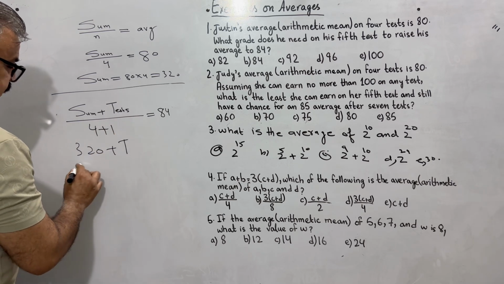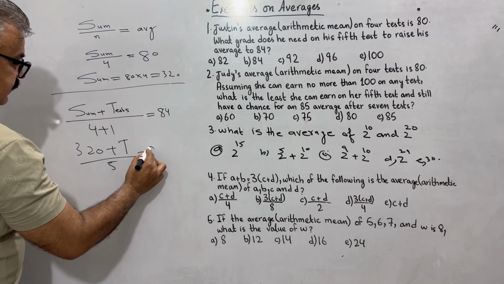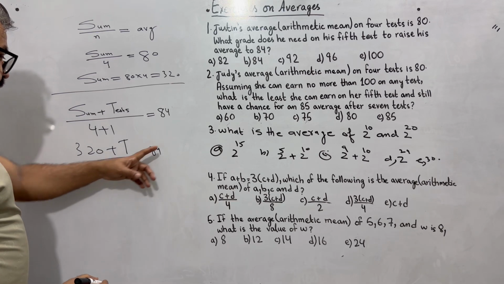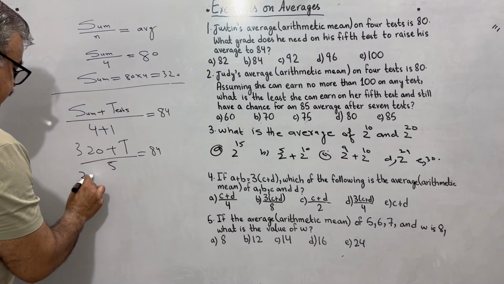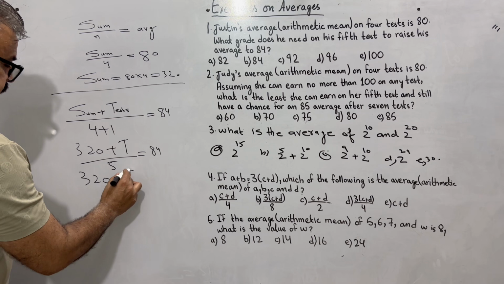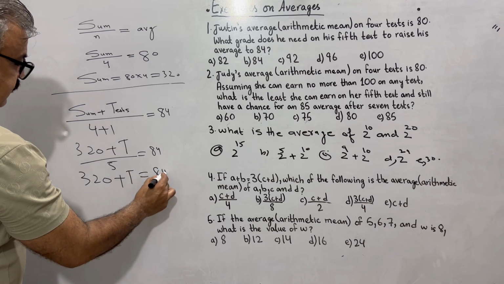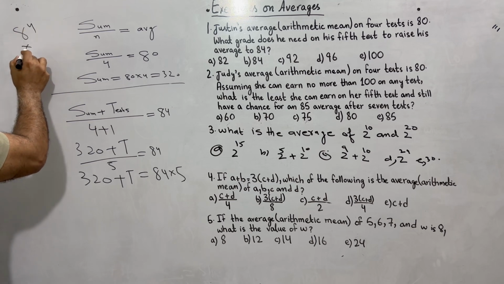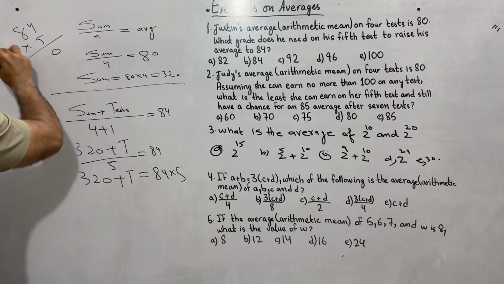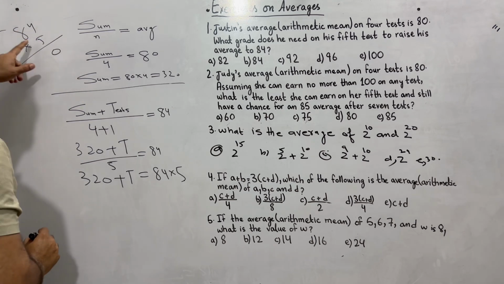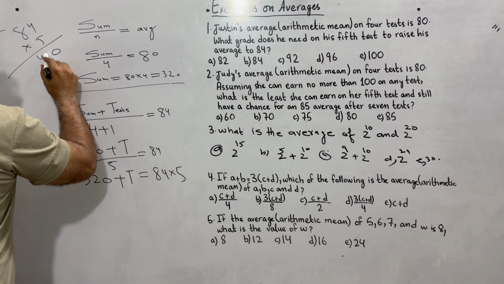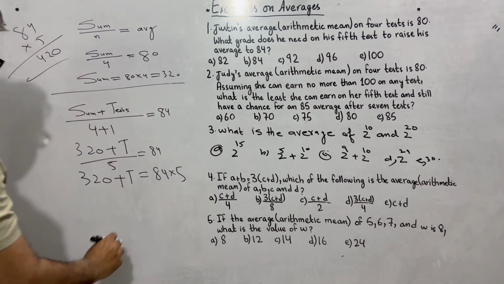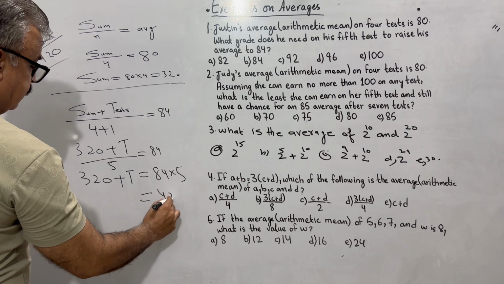Let me write T over 5 is equal to 84. Shift 5 here. So we have 320 plus T is 84 times 5. 84 times 5 is 420.